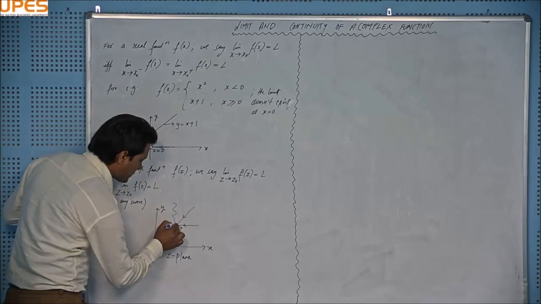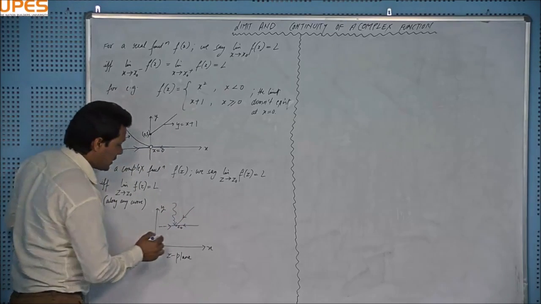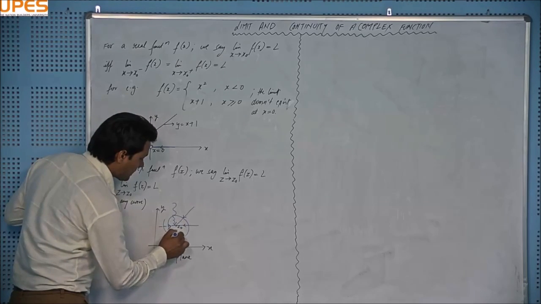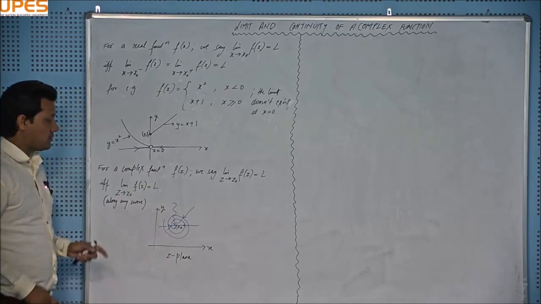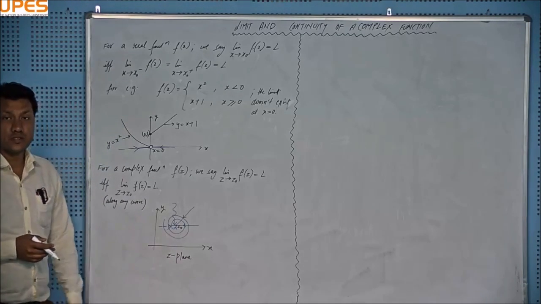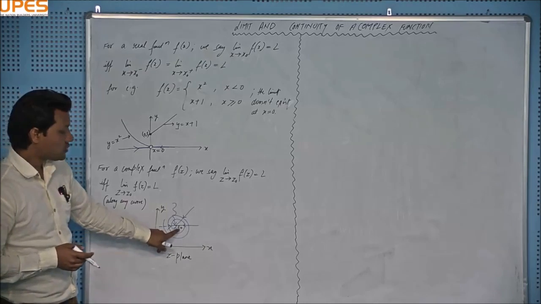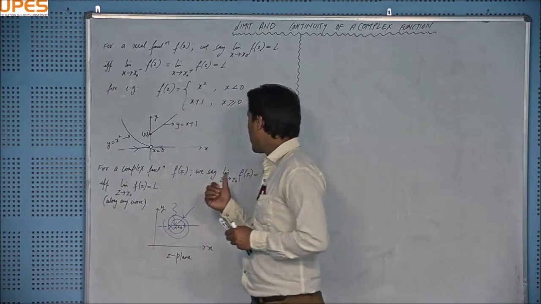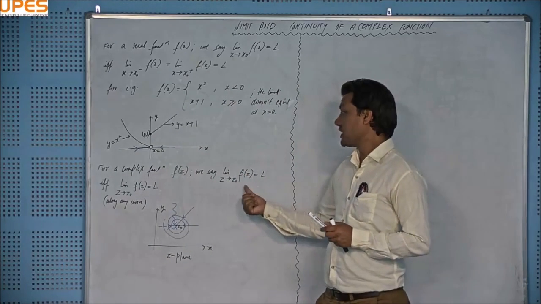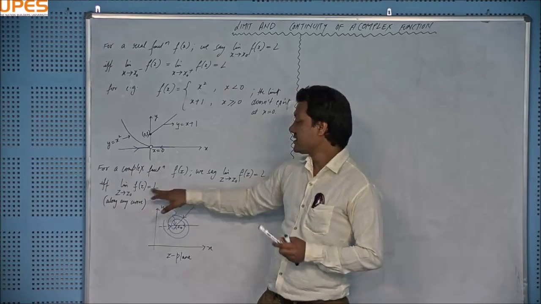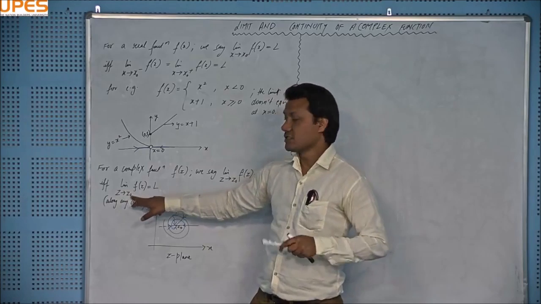A spiral curve is also possible, going in this way. So I made four choices of curve. There are infinite number of curves which pass through z naught, and for all those curves the limiting value should be the same, capital L. If this condition holds, then we say that the complex valued function f(z) has limit L as z approaches z naught.